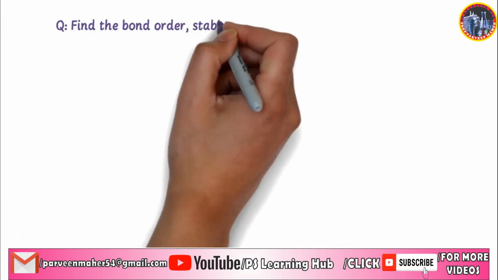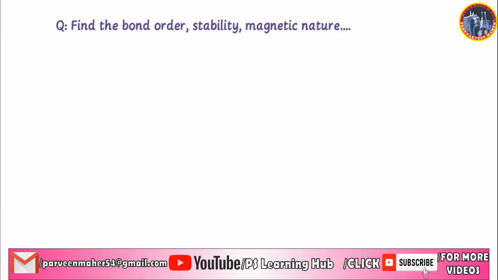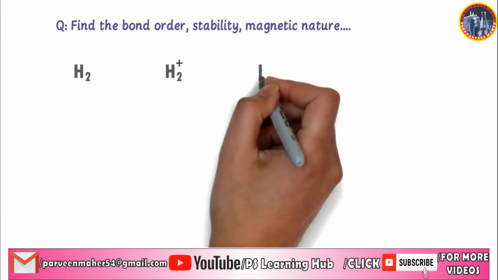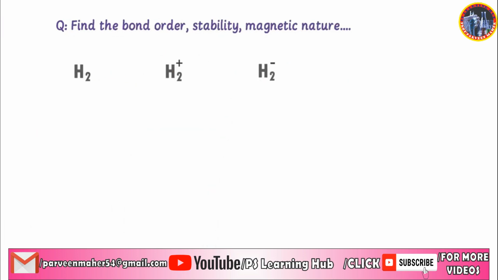Here, let me teach you one famous exam question. Find the bond order, stability and magnetic nature of the H2 molecule, H2 positive ion and H2 negative ion. Well, in the case of the H2 molecule, there are 2 electrons present in it. So I write sigma 1s and it can accommodate 2 electrons of the hydrogen molecule. Secondly, in the case of the H2 positive ion, there is only 1 electron.